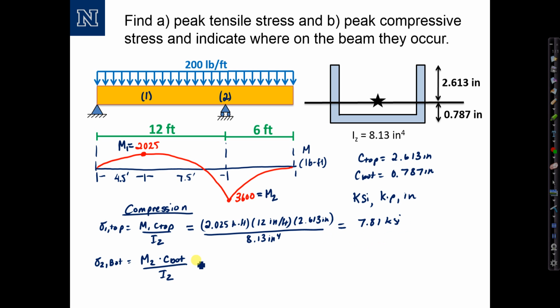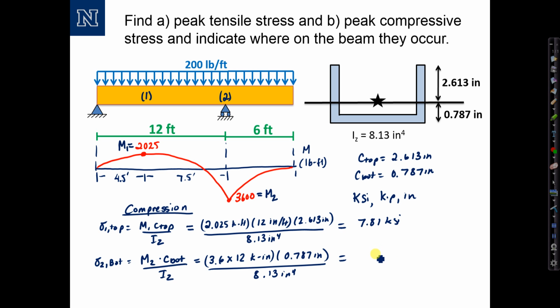Sigma 2 at the bottom equals 3,600 pound-feet, or 3.6 kip-feet, times 12 to convert to kip-inches, times C bottom, 0.787 inches, divided by the I, 8.13 inches to the fourth.